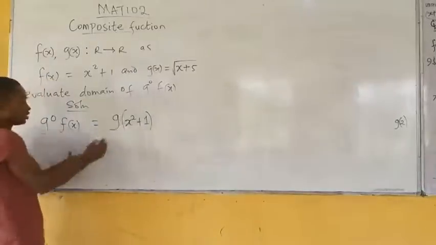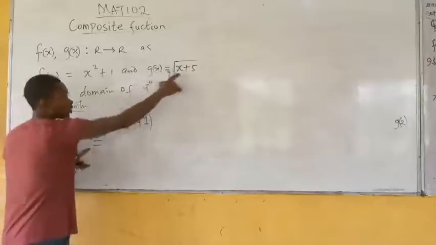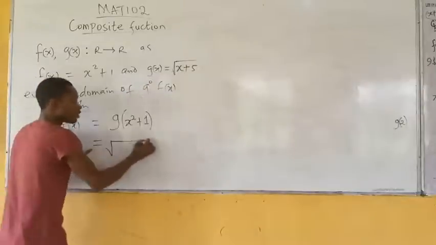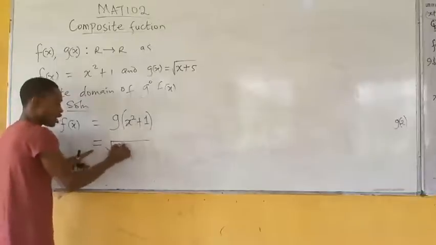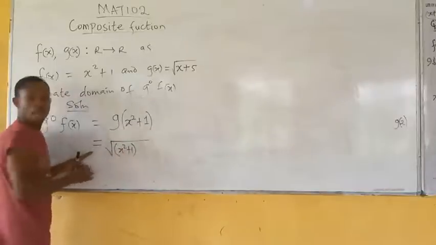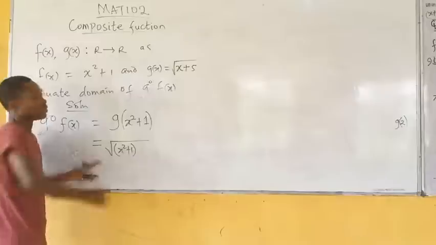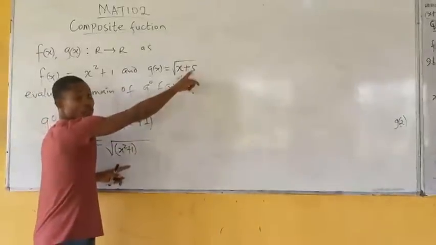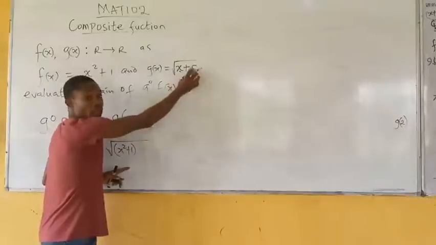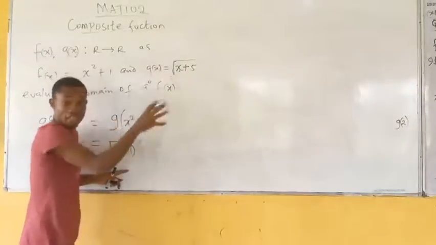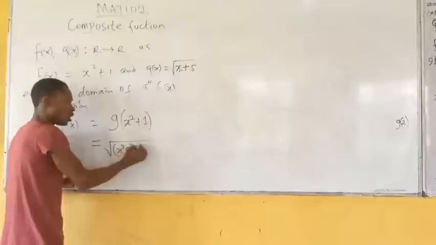So let us do that. This will be equal to this function. It is a radical function. In place of this x, fix x squared plus 1. Then plus 5, because you just substituted for this x. You are still left with plus 5 in that function called g. So plus 5.